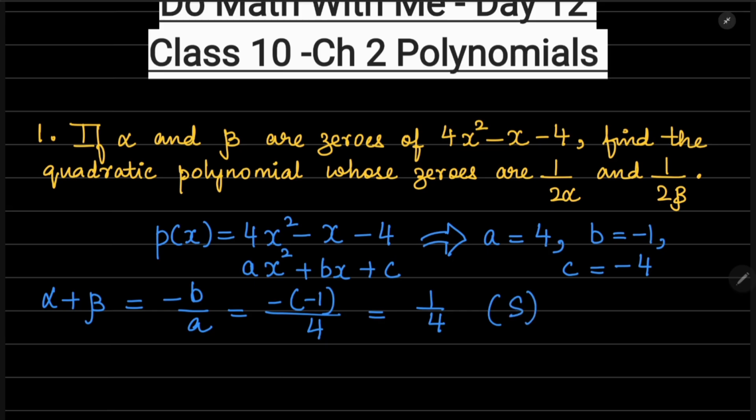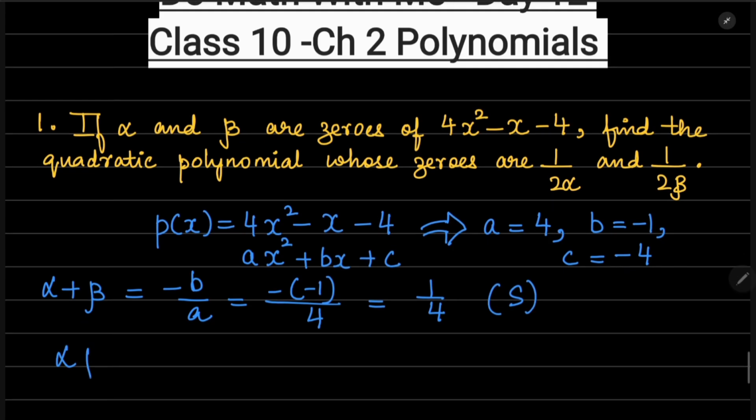Now let me tell you the product of the zeros. The formula is c by a. What is c here? C is minus 4 divided by a, and a is 4. So it is minus 4 by 4, so you'll get minus 1. Minus 1 is your product of the zeros.